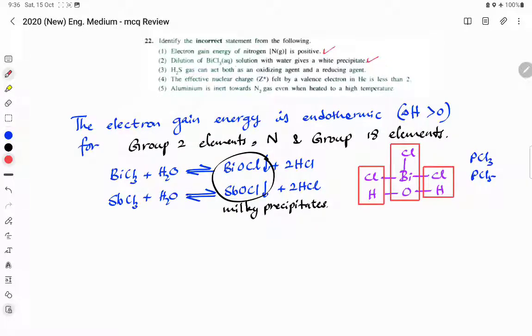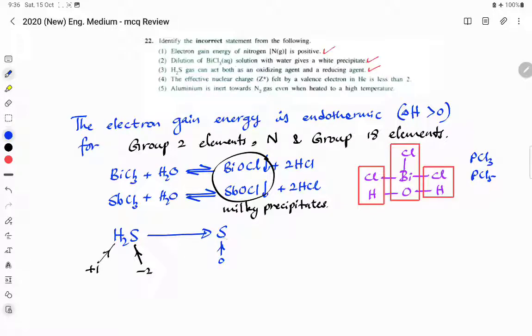Let's go to the third statement. H2S gas can act both as an oxidizing agent and a reducing agent. That is correct. If we consider H2S, the oxidation state of hydrogen is +1. The oxidation state of sulfur is -2. Sulfur cannot be further reduced because it is in the lowest oxidation state, so it can only be oxidized, let's say to 0 here.